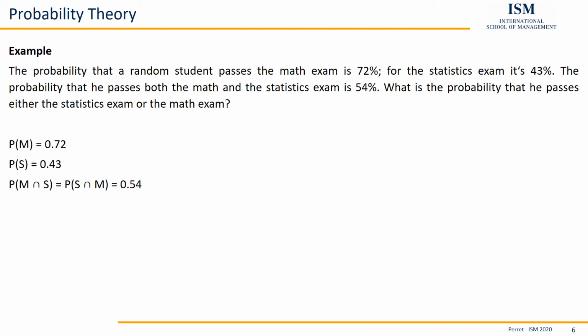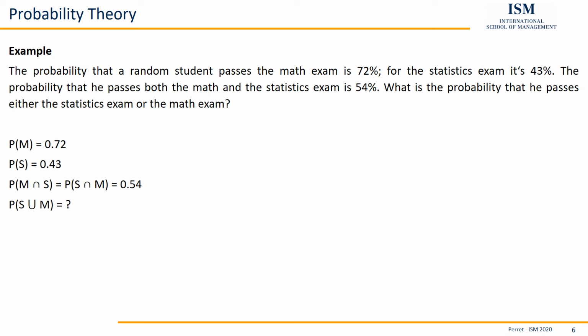Now we are asked about him passing either of them. And "either" is an indicator for using the union, the probability of the union, or for using the addition theorem. What does the union stand for? Union stands for passing math, or passing statistics, or passing both of them. So yeah, that's actually what we're looking for.